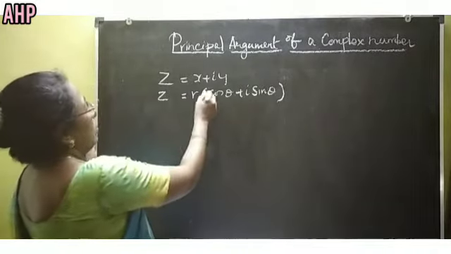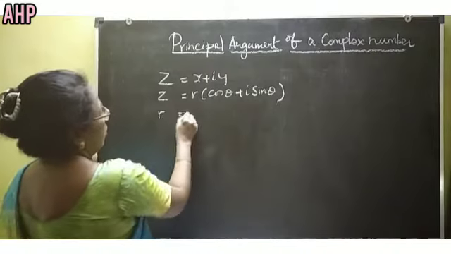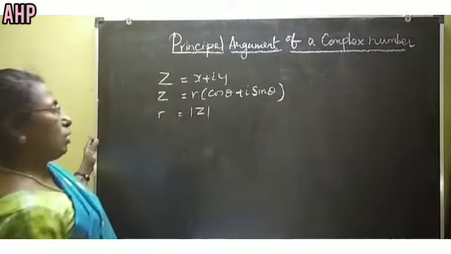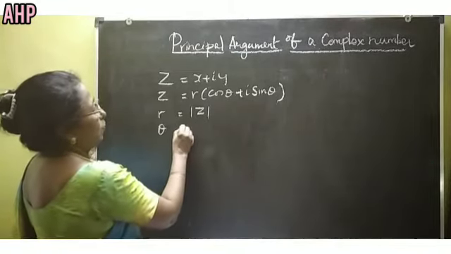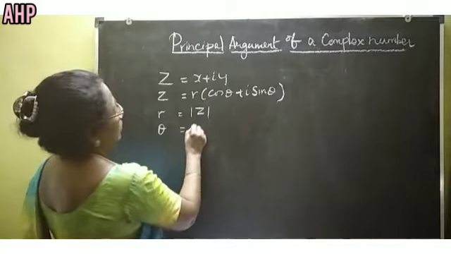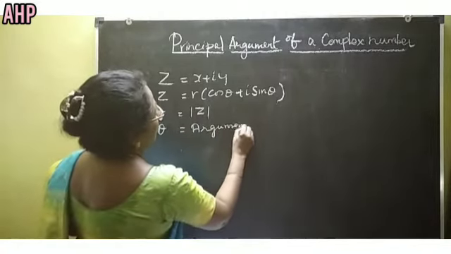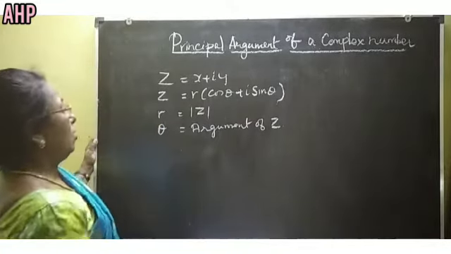So now, in this polar form, r is equal to the modulus of z. r denotes the modulus value of z and theta denotes the argument of the complex number.